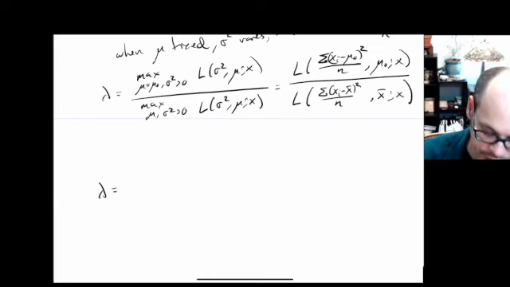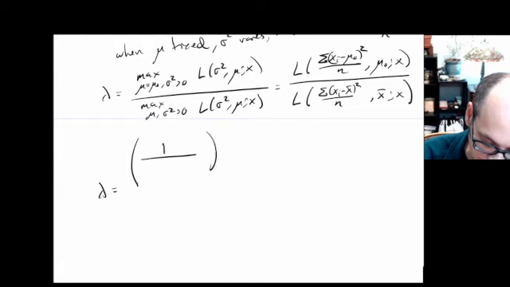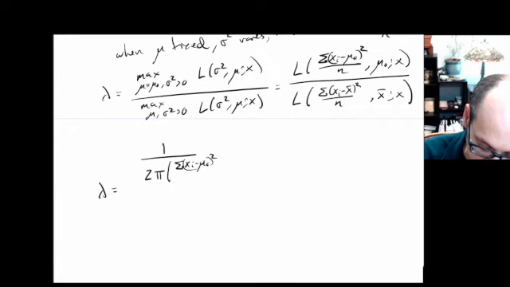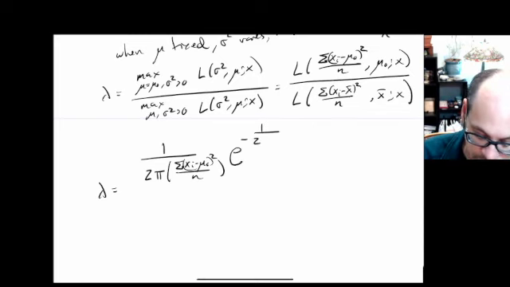So what do we have in the top? We have 1 over, let me put the whole thing to the n over 2 this time. So we have 1 over 2 pi times the sigma squared. The sigma squared for the top is the sum of the xi minus mu naught quantity squared over n, e to the minus 1 over 2 sigma squared.